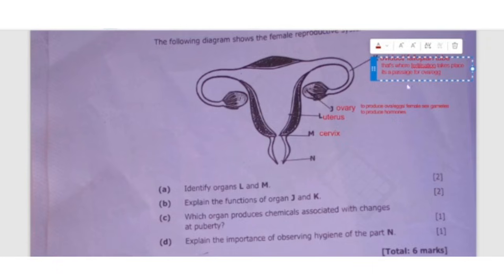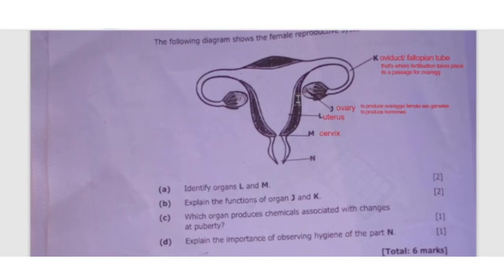When ova or sex gametes are produced by the ovary, for them to reach the uterus, or if they are not fertilized, for them to come through the vagina, they need to pass through the oviduct. If the oviduct is closed, the woman will be barren, unable to have children, because there is no way these eggs will reach the uterus.